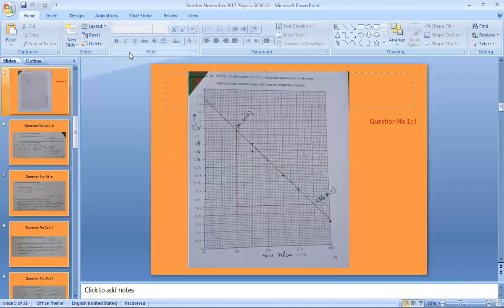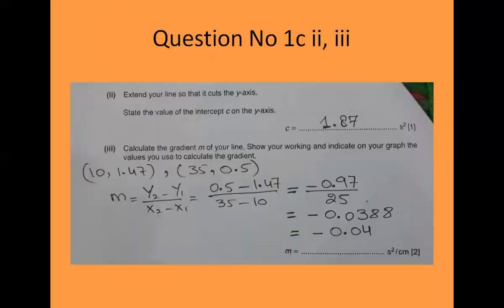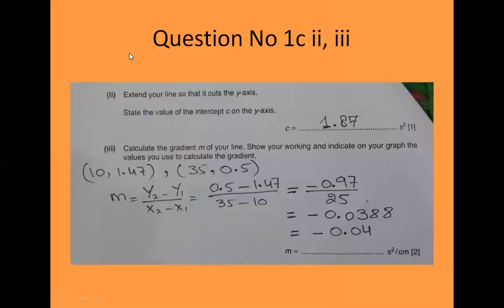So 1.87 is the y-intercept. When the graph cuts the y-axis, that's the y-intercept. It is represented with C here.